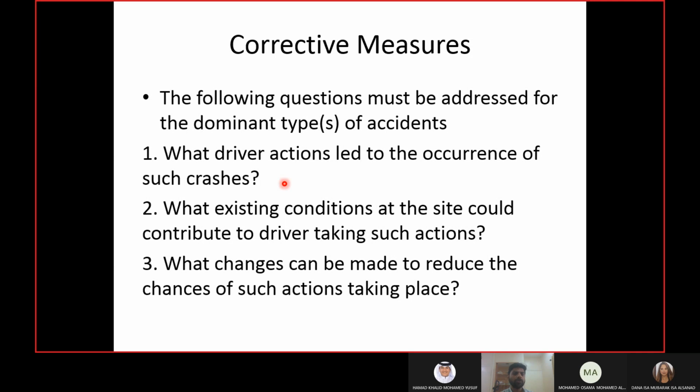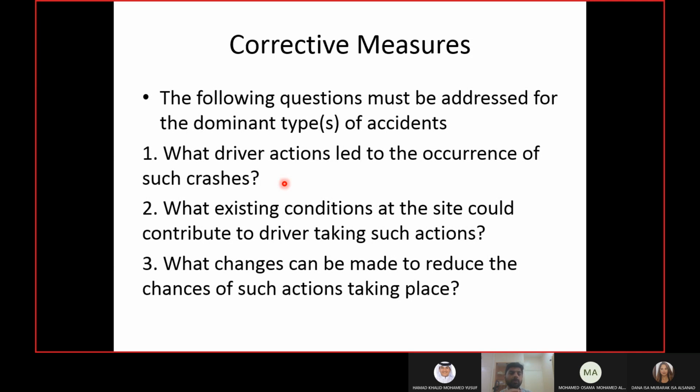Keep it in mind. Whatever action he is doing, you have to select a countermeasure. You cannot say, no, the driver was doing this thing, he shouldn't be doing this, so this is not my fault. This is still your responsibility as a traffic engineer to select the countermeasure. So the first question is, what was the last action of the driver before the accident?